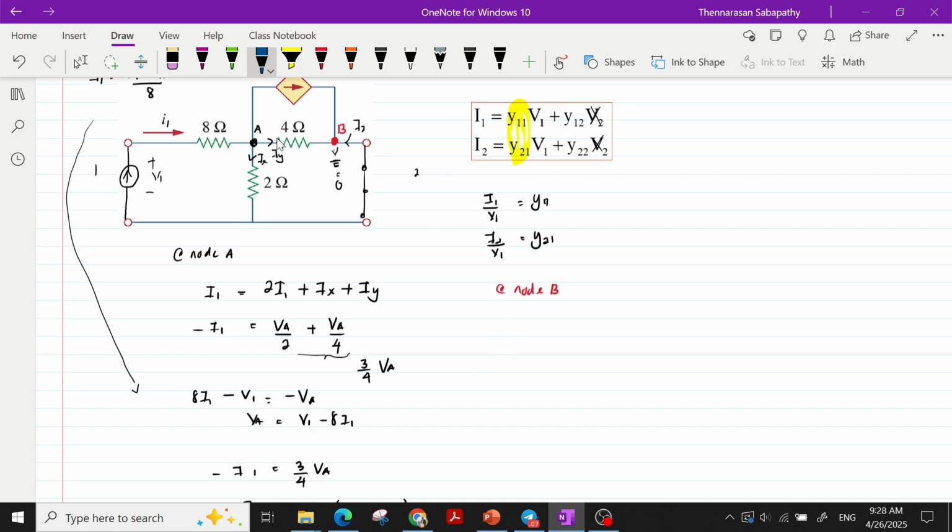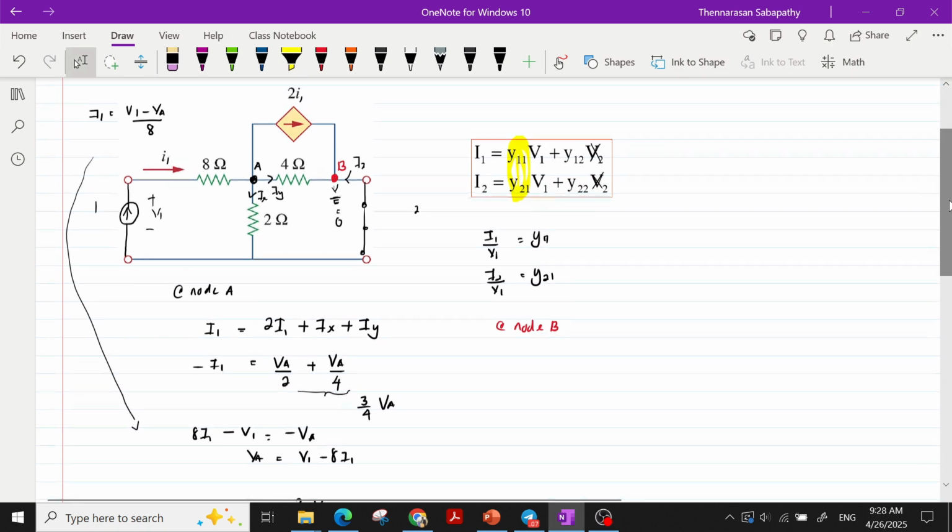So this equation has IY here, and I2 in this direction, and I1 in this direction, all of them entering the node. Since all of them are entering the node, everything should be in a one-sided equation where IY plus 2I1 plus I2 equals 0.